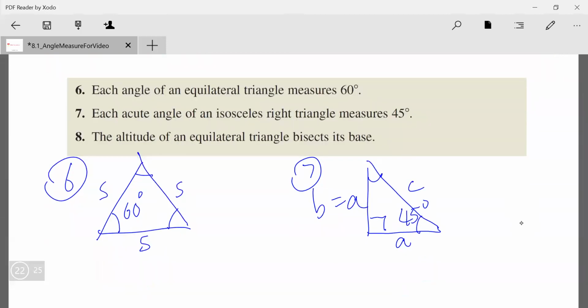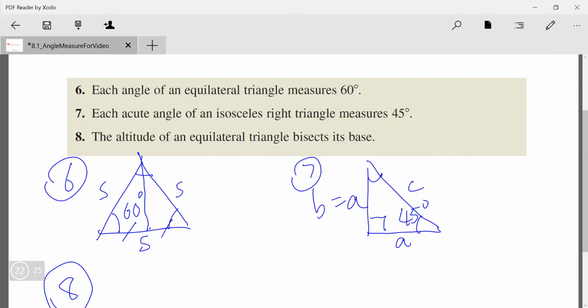Number 8 basically says that if you have an equilateral triangle, as in number 6, then the altitude will bisect the base. So this part and this part are the same.